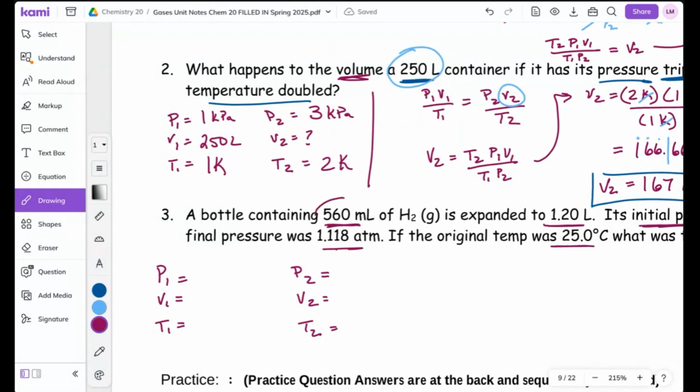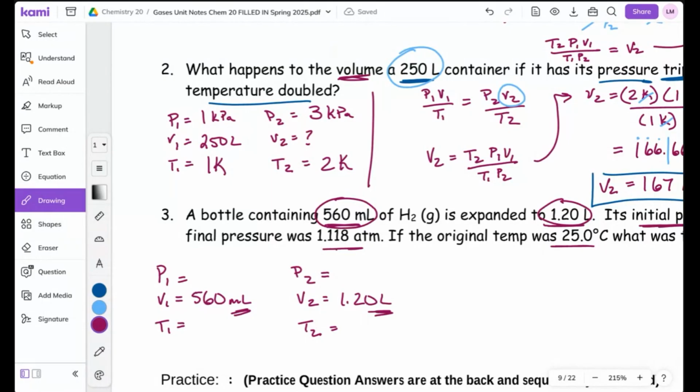Okay, so we start off with this much hydrogen gas, and it expands to 1.20 liters. So the initial volume, that's 560 milliliters, and then the final volume is 1.20 liters. But you see the problem here where volume does not have the same units.